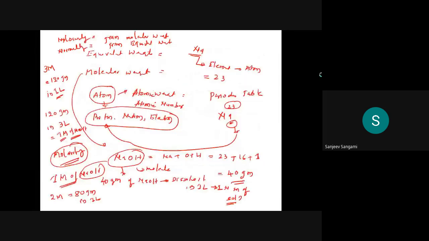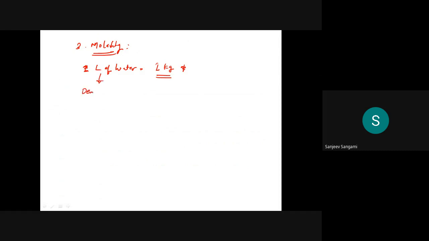In a very simple way, I'll write that 1 liter of water is equivalent to 1 kg; it will weigh 1 kg. On what basis? We know the density of water. If your basics are very strong, you will never go wrong.